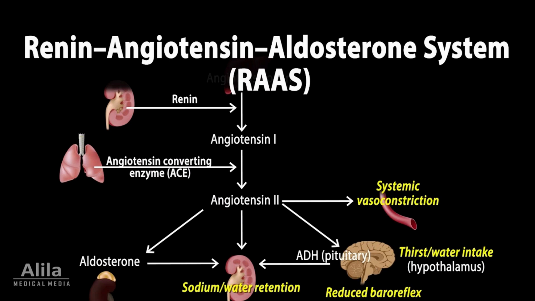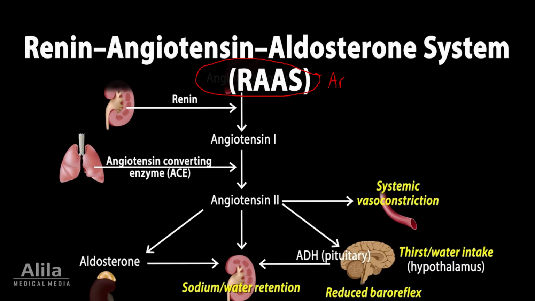Actually, the renin-angiotensin-aldosterone system is very important here, so I will just explain it very briefly. First, actually it is not visible here, but you can see the angiotensinogen. You need to remember it is angiotensinogen, not angiotensin.